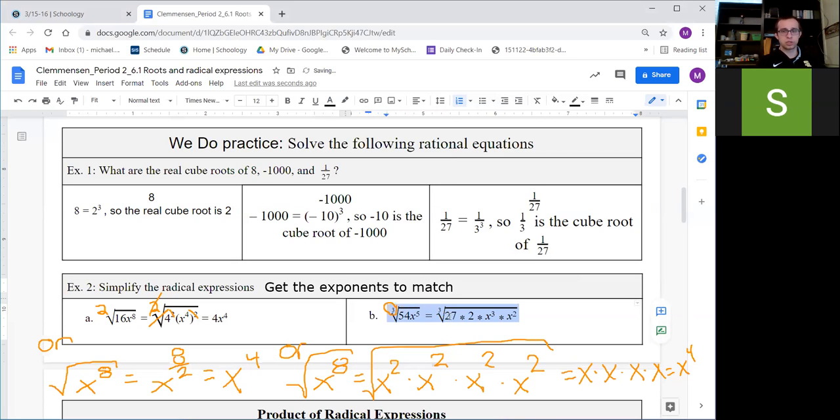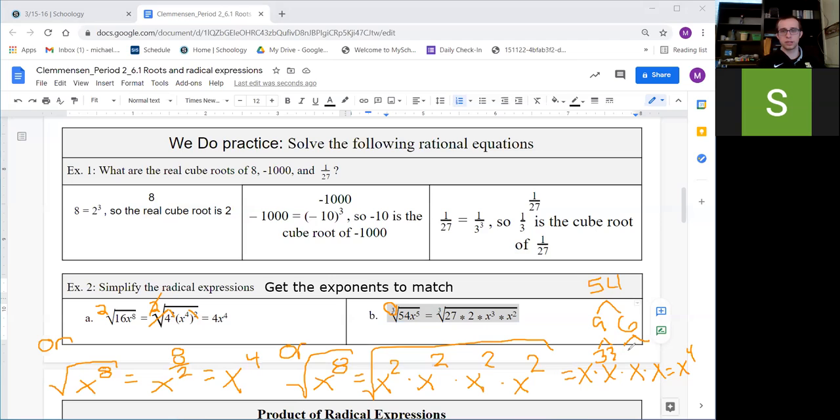The reason I rewrote it as 27 times 2 is because I used my factor tree. Just like we did before when we were talking about simplifying square roots, 54 can be rewritten as 9 times 6. 9 can be rewritten as 3 times 3.